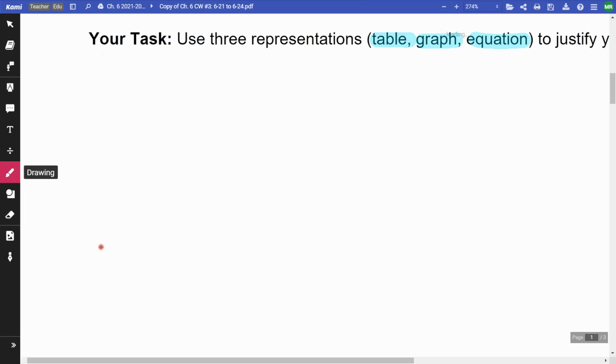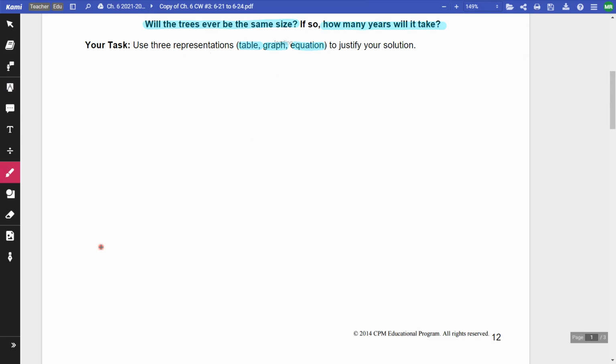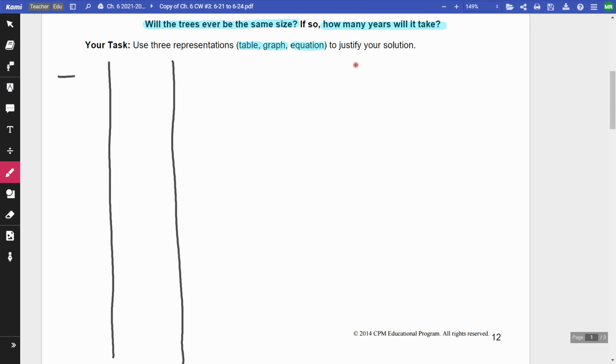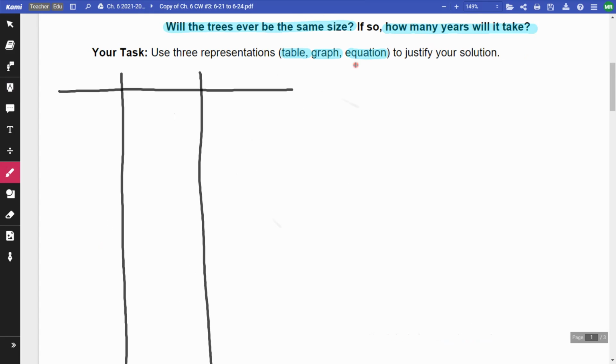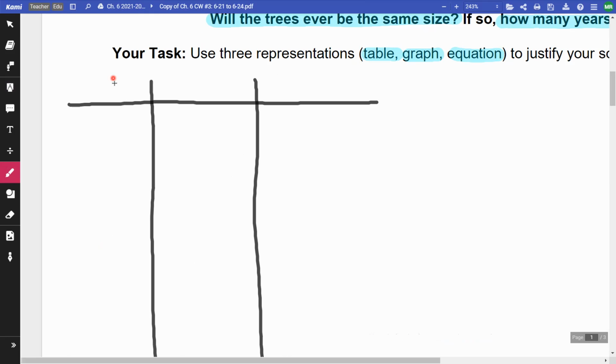This first column is really like our X, and these others are our Y's. I can think of this as Y1 and this as Y2. One's going to be the Y for Charles, and the other one's going to be the Y for Amy.